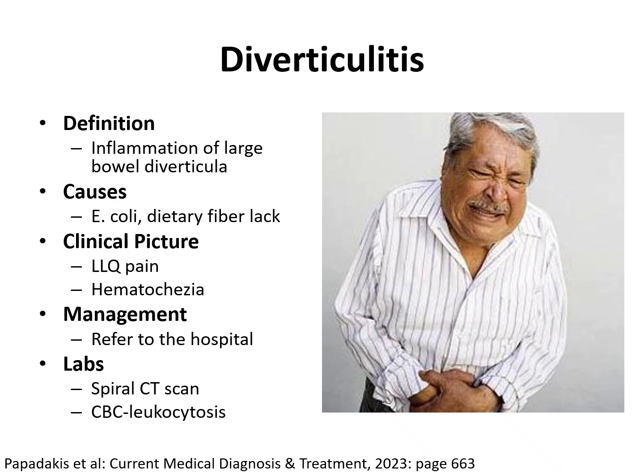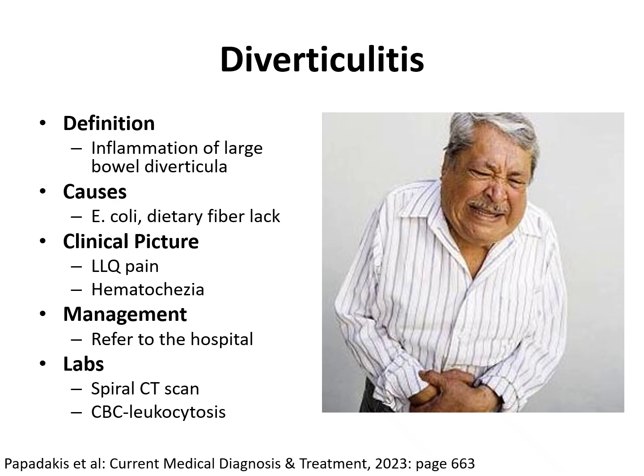Classic picture, lower quadrant pain on the left side, and some patients with diverticulitis may present with bright red blood in the stool, and this is called hematochezia. The combination of bright red blood in the stool, left lower quadrant pain, fever in an older person, usually men, is diverticulitis.